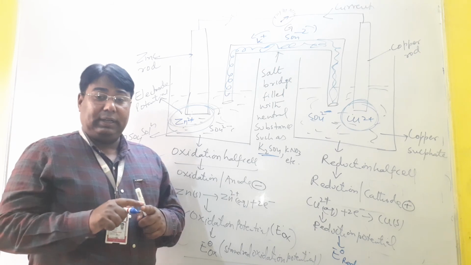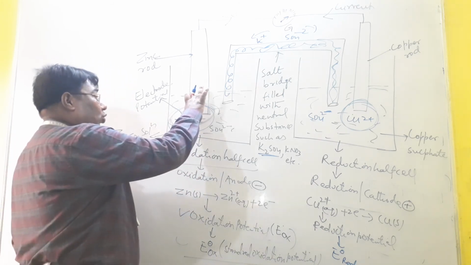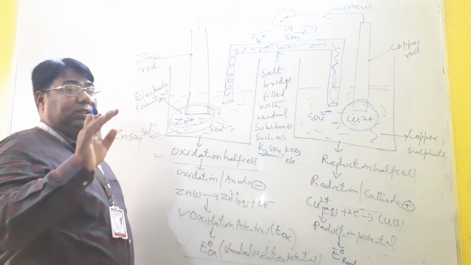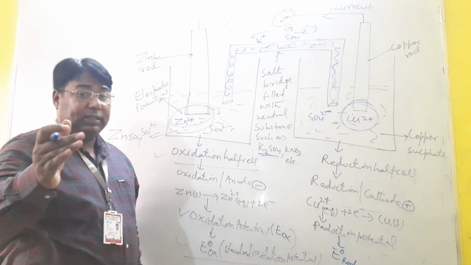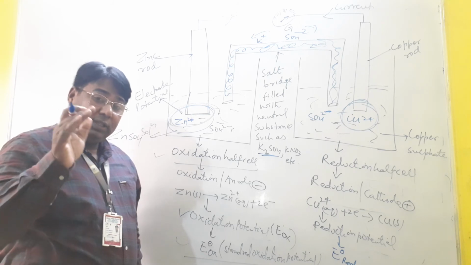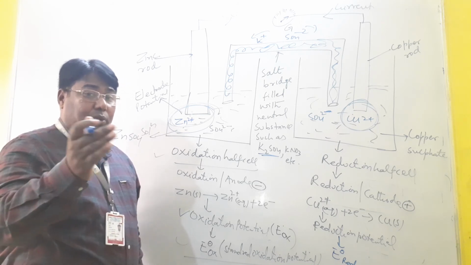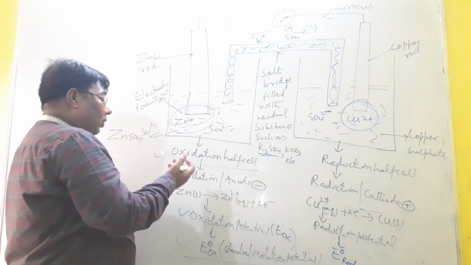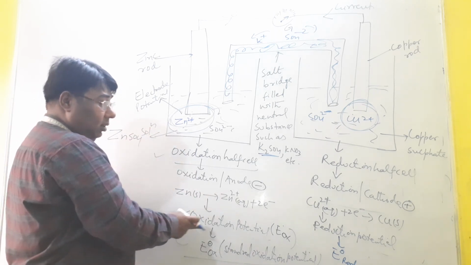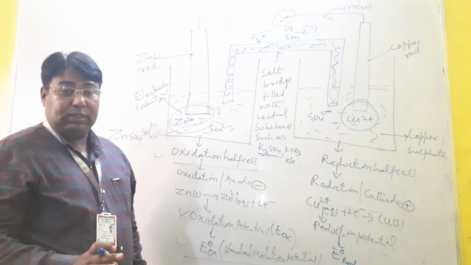Hoping that all of you understand that this is the electrode potential. The potential difference between a metallic rod and its ions is known as electrode potential. And electrode potential is further categorized into two types. Number one is the oxidation potential, number two is the reduction potential.